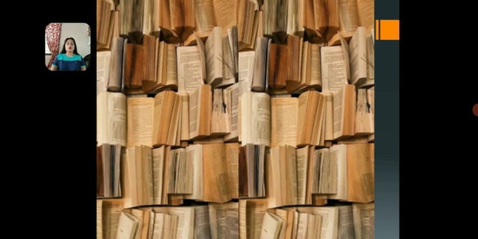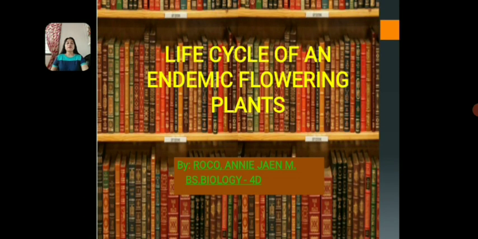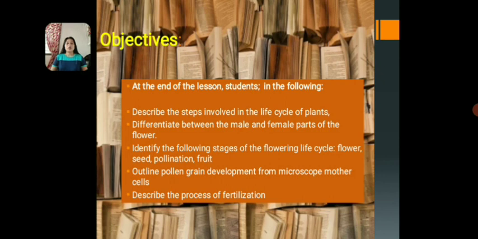Our topic is all about the Anthophyta or the flowering plants, but my assigned topic is the life cycle of endemic flowering plants. But before we start, I have these objectives.